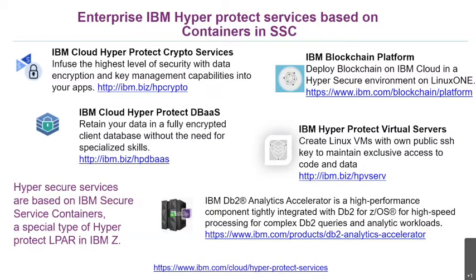You can have your IBM Blockchain Platform running in the cloud or on-premise. You can have your IBM Cloud Hyper Protect Database as a Service. And the most flexible one is the IBM Hyper Protect Virtual Server service or solution, where you can build virtual servers and run your container workloads in those virtual servers in a secure service container. And that can be on-premise, in your data center, or in the cloud.